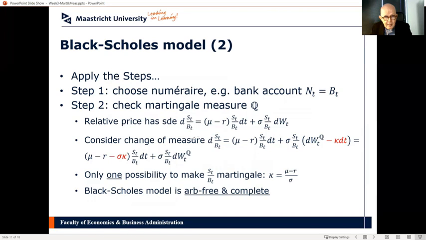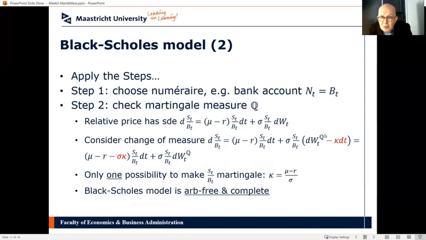I can apply Ito's lemma to S over B as a stochastic process. And because B is a deterministic process, it basically means that the drift rate becomes (mu minus r) times S over B dt, plus sigma times S over B dW. Now the question is, how do I make this thing into a martingale? Well, I can apply a change of measure, and if I apply a change of measure, then my original Brownian motion under the real world measure P becomes a Q Brownian motion.